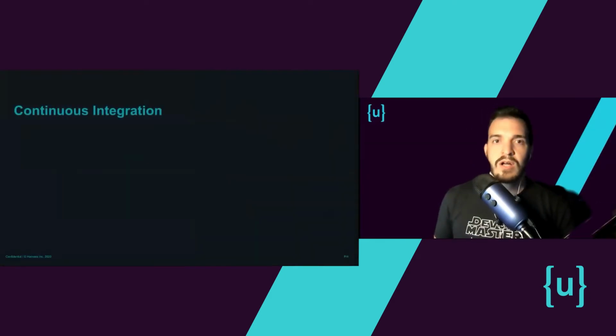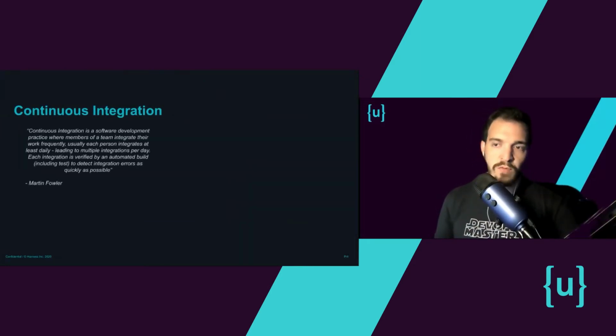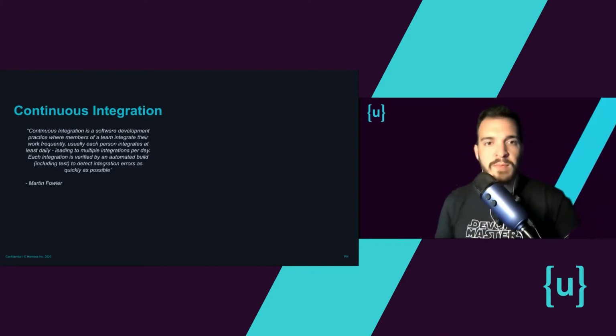To start off, let's go with the official definition of continuous integration. This is a quote from Martin Fowler, one of the fathers of the CI/CD movement. He states that it's a software development practice where members of the team integrate their work frequently, typically at least once a day. So one of the basic foundational rules of CI is that it has to be done daily.